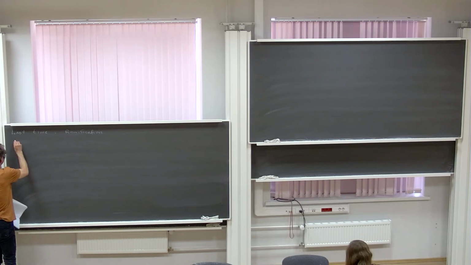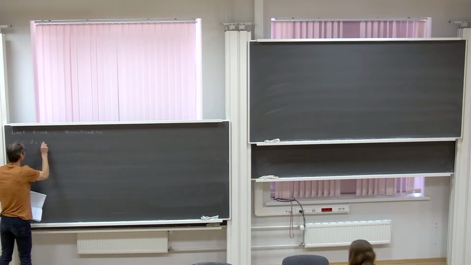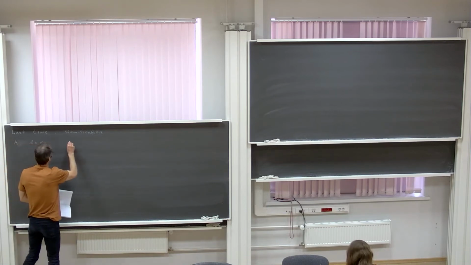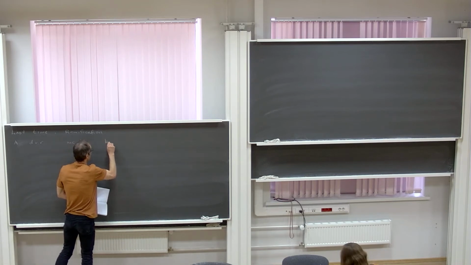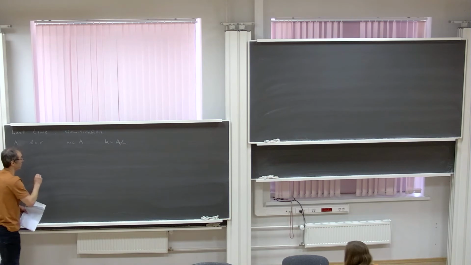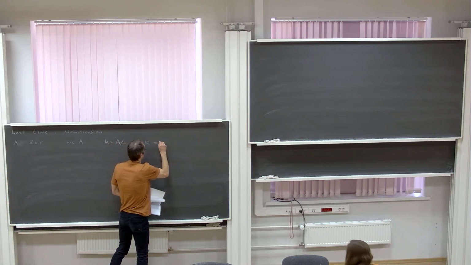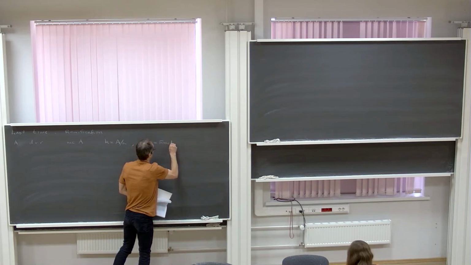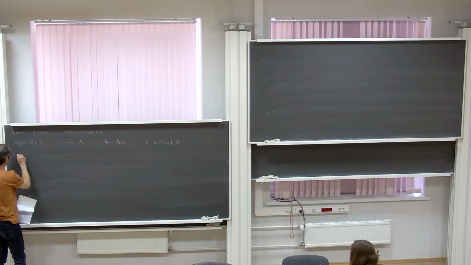So we have some discrete valuation ring. We have a maximal ideal. We have the residue field. And we have the fraction field. And we have a finite separable extension.